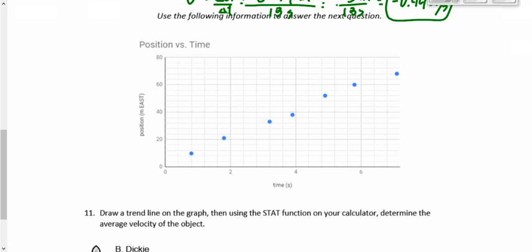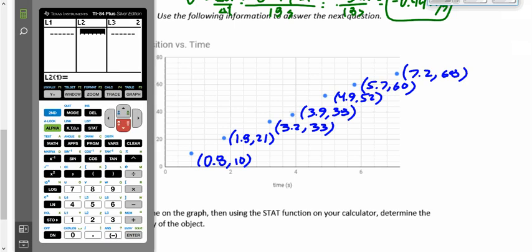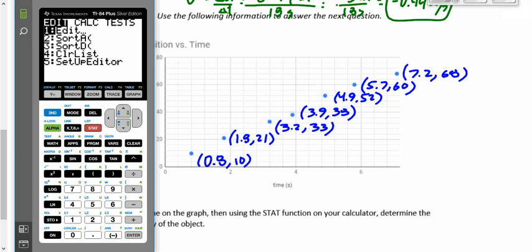Okay, let's go to work on this. Let's have a look here now, everyone. I've put the ordered pairs in there already for us, just to make life a little bit easier. Let's go back to the start here. I'm going to go to my data table where I enter my data points. And remember, to get there, it's stat, edit 1.